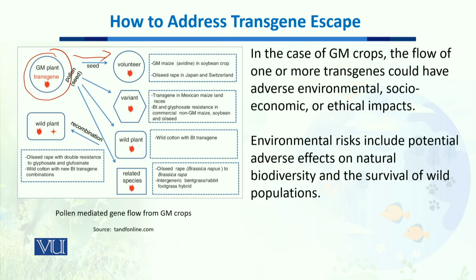The examples are given here in these brackets, different examples of this transgene escape through different species, similar or related species. So ultimately, this pollen-mediated gene flow from GM crops has resulted in the escape of transgene from those genetically modified plants to the wild or weedy species.